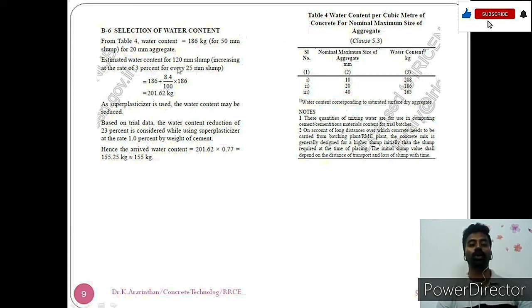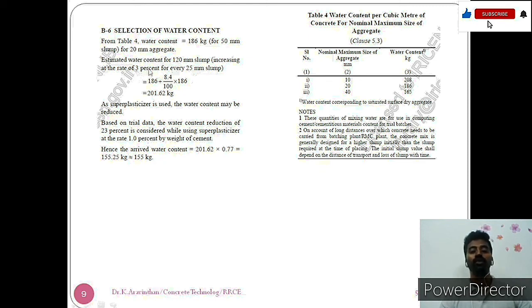You have to increase 3% of water if you increase the slump by 25 mm from 50 mm. So from 50 mm you have to increase by 70 mm of slump. For each and every 25 mm slump you need 3% of water.